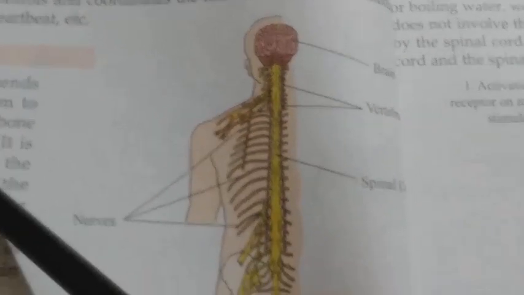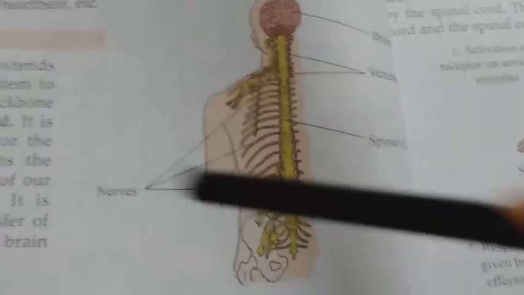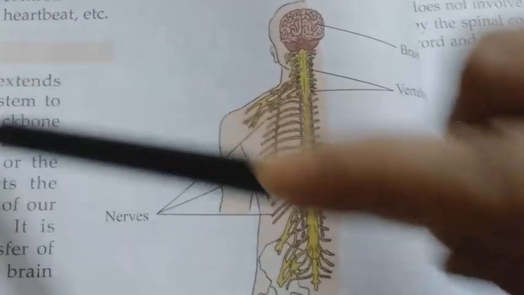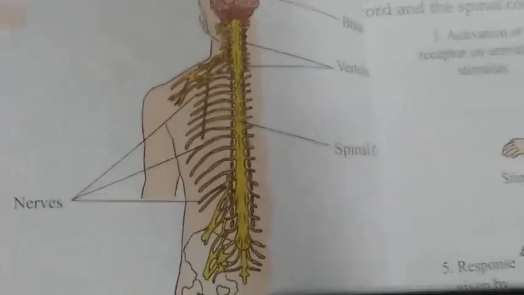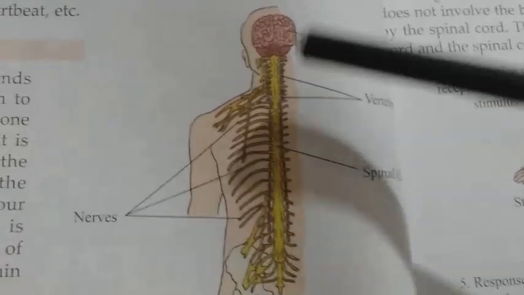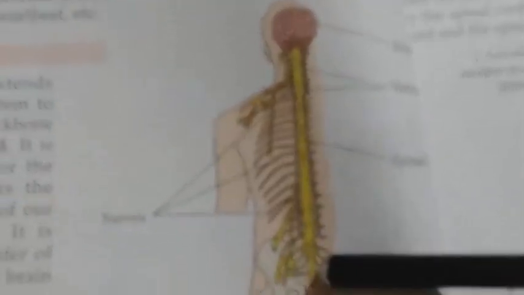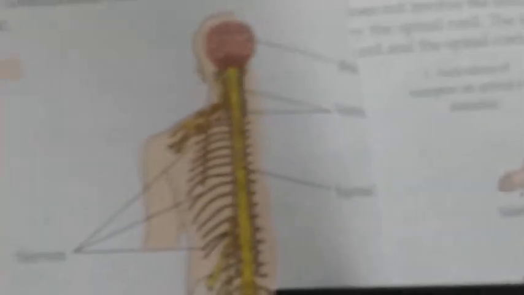Okay. Next is spinal cord. Here you can see the thick cord that extends down from the brain stem to the lower end of the backbone. From the brain stem to the lower end of the backbone is called the spinal cord.